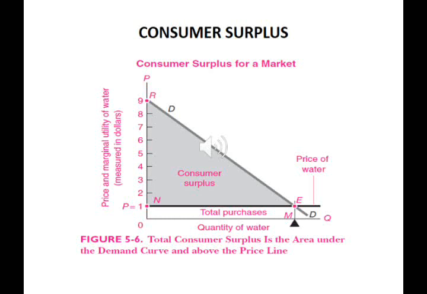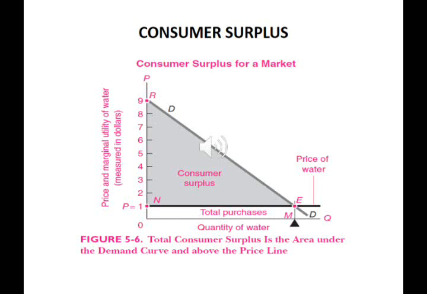So the market value of consuming m bottles of water will be this small rectangle at the bottom, okay, which we can name O1 or ONEM. This is what we actually pay. Market value means how much we actually pay to get m bottles of water. So what we will be paying is m times this £1, which will make up this small rectangle at the bottom, ONEM.